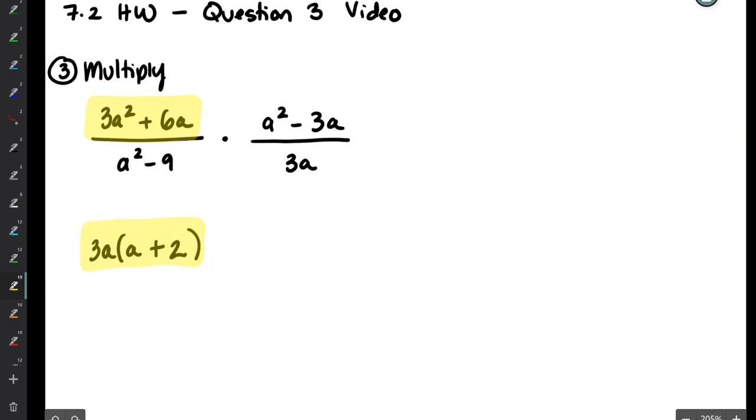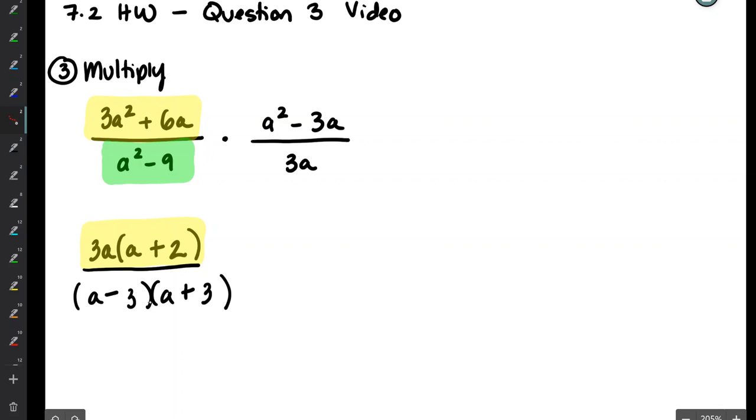Now the denominator fraction here is a difference of perfect squares. A squared is a perfect square. It factors into a times a, gives me a squared. And 9 is also a perfect square. It's 3 squared. And one of these is negative and the other is positive.